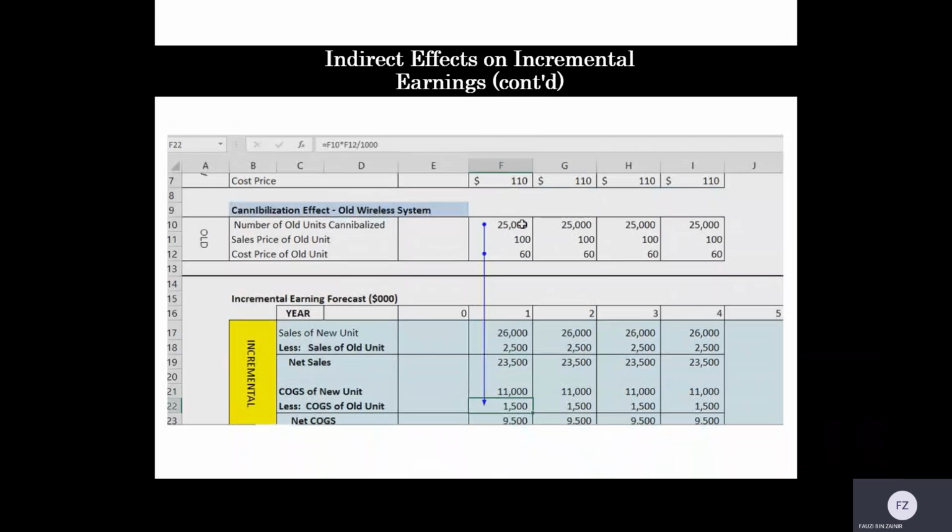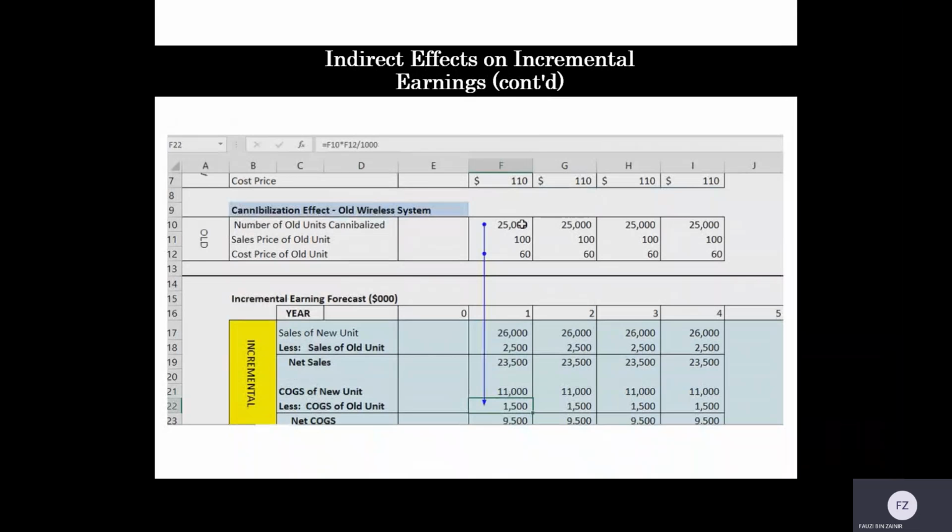Overall, we can redevelop this into a new area where we summarize the whole impact of the sales and the cost of goods sold. The 23.5 million is the net impact from the cannibalization effect on sales, whereas the net cost of goods sold is derived from here, which is 9.5 million.